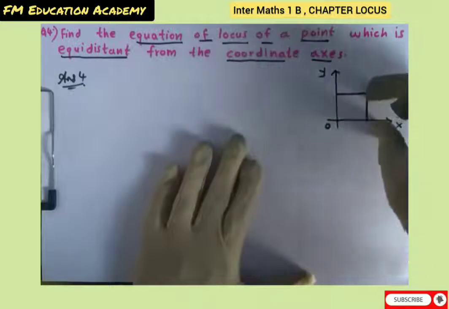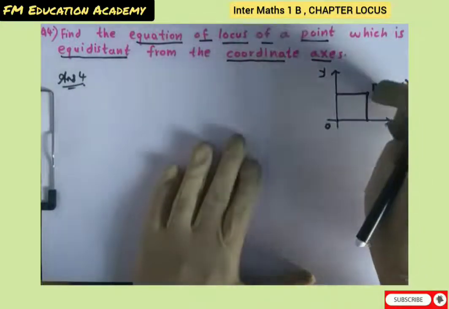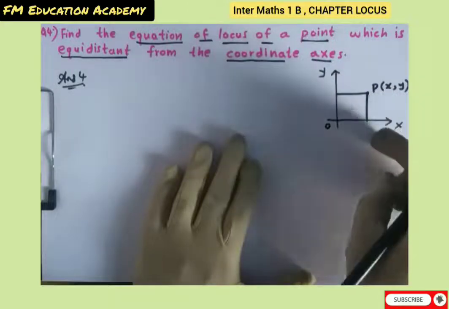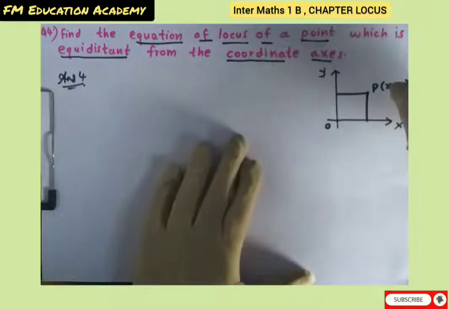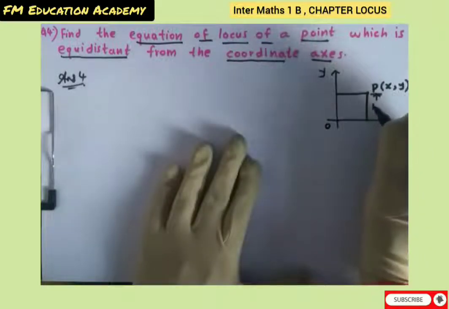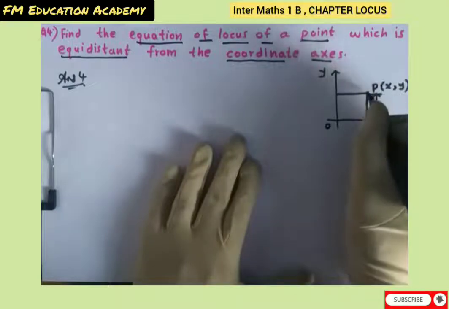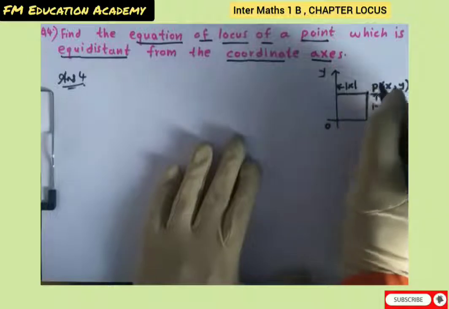That is, this distance and this distance are equal. We know from coordinate geometry basics that the distance from a point to the x-axis is always mod y, and the distance from a point to the y-axis is always mod x.